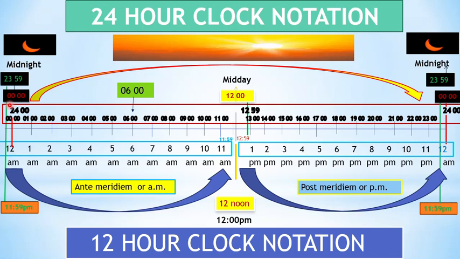In this representation, the 2 zeros on the left are for hours and the 2 zeros on the right are for the minutes. The hours and minutes are not separated by a colon as it is in the 12-hour clock notation.